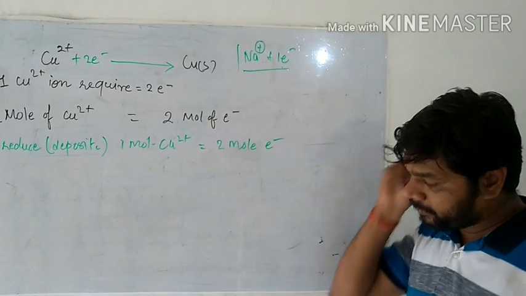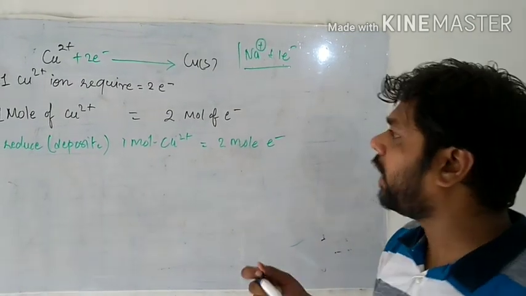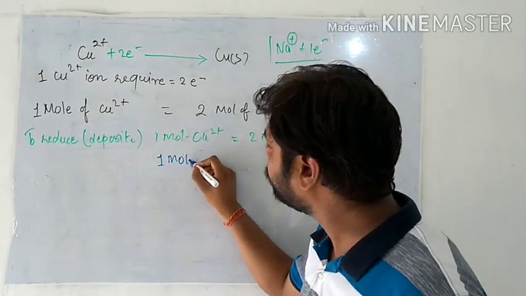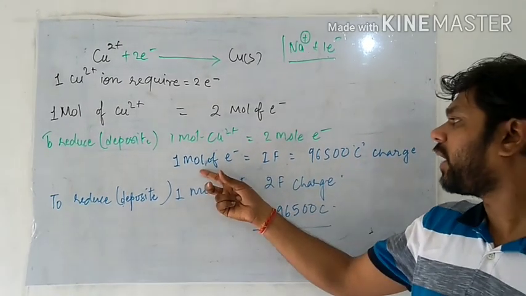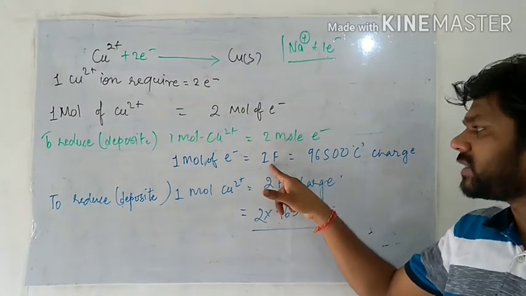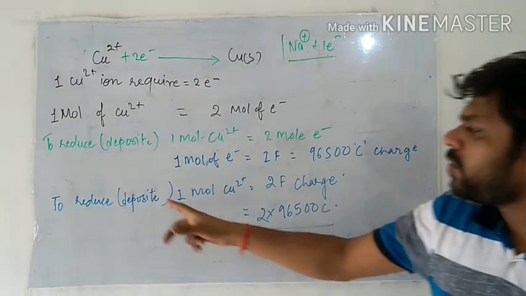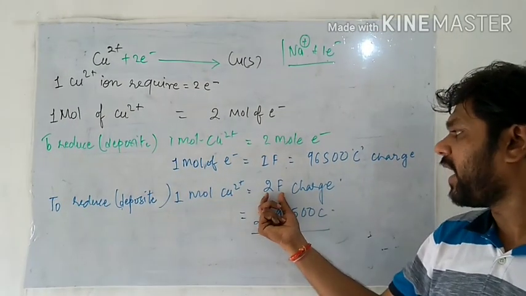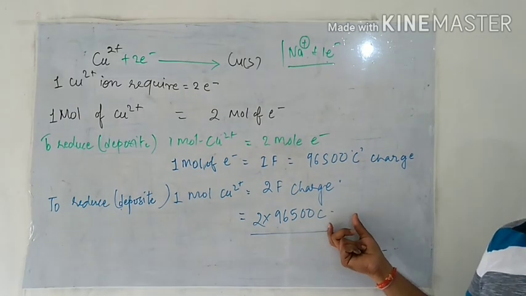Okay. If we talk about how much current we will require, 1 mole of electron is equal to 1 Faraday charge, means 96,500 coulomb. So to reduce or to deposit 1 mole of copper ion, we will require 2 Faraday charge. It means 2 into 96,500 coulomb charge.